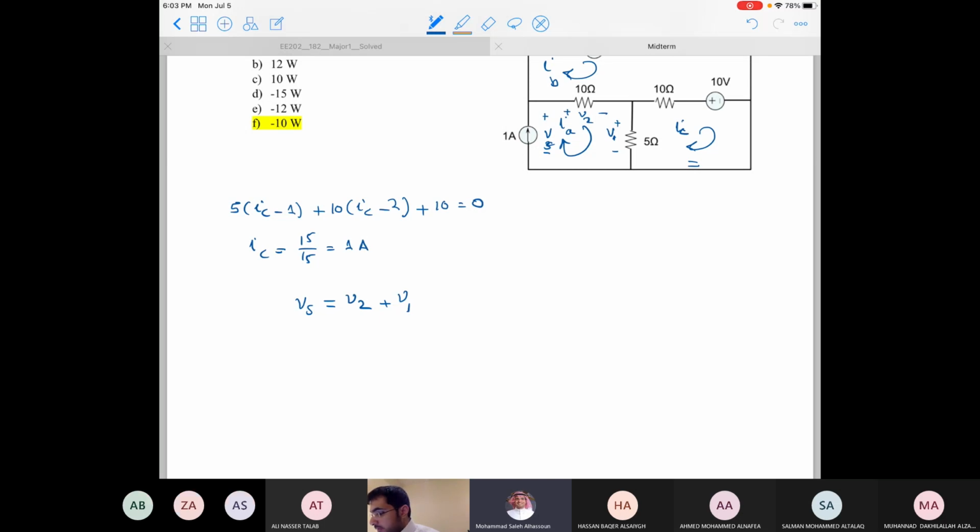So what is V2 here? V2 is the voltage across the 10 ohm resistor. By Ohm's law, it is 10 times (1 minus 2), which gives me minus 10 volts.